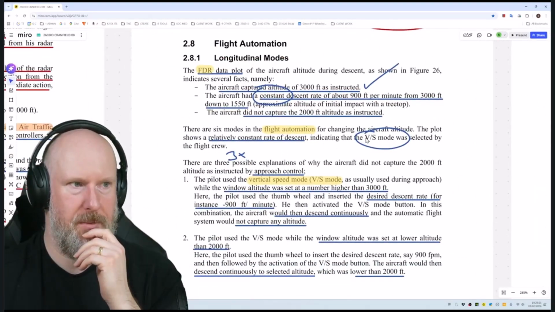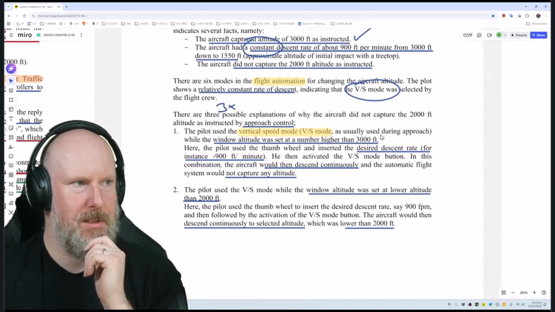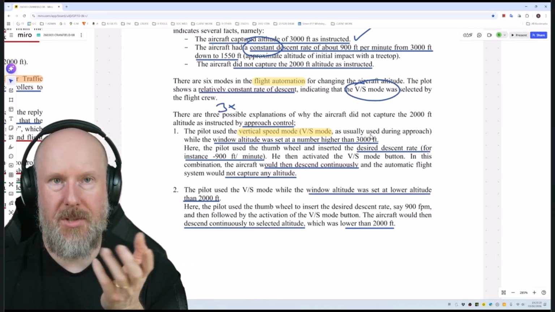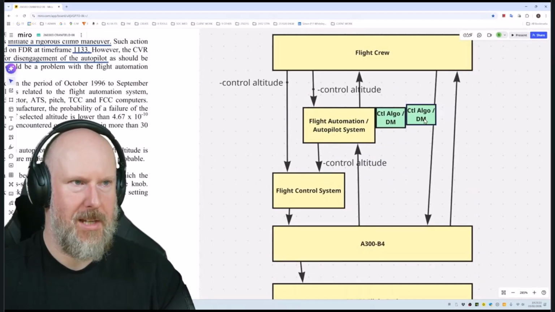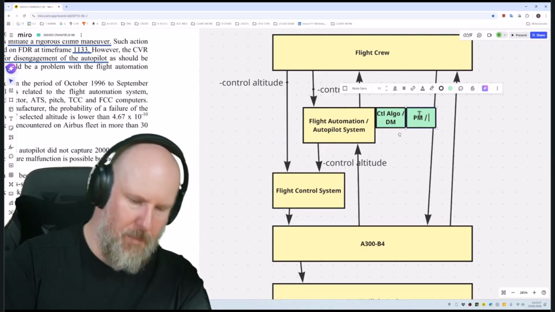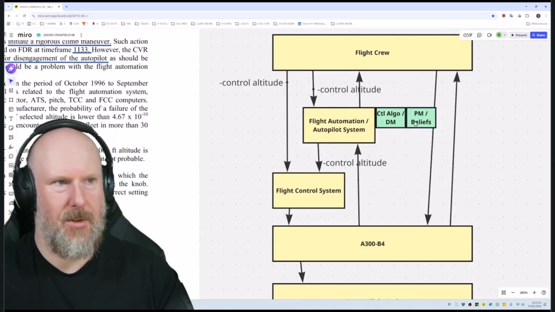So the first one is vertical speed mode, but it is about whether it's captured the 2,000 feet as altitude. Sorry, it's about the window altitude was set at a number higher than 3,000 feet. So the window altitude is a process model. So I'm going to add that on here as well. There we go. So process model. PM, process model, or beliefs, if we want to use some more standard normal human language.